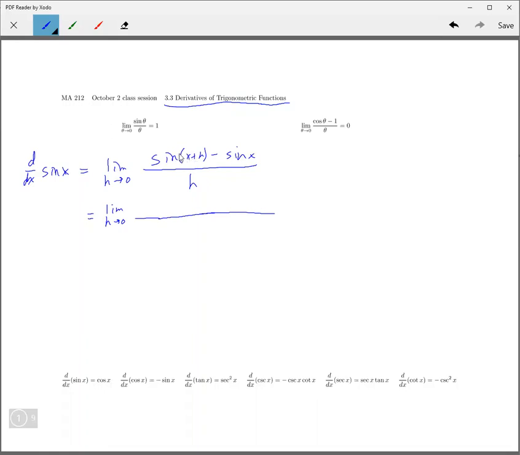You can look that up if you want. I'm not going to require you to memorize it, but it's the sine of a plus b. In this case it's x plus h, so that's sine x cosine h plus cosine x sine h. It's just the addition of angles formula, and then all that is minus sine x, and all that's over h.